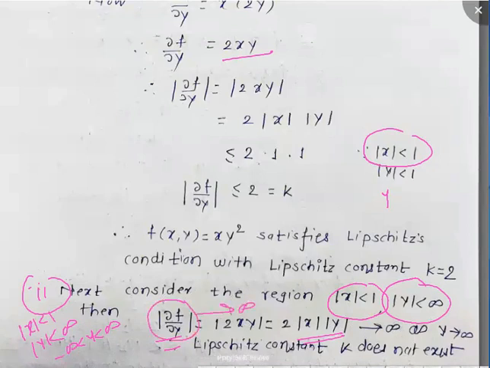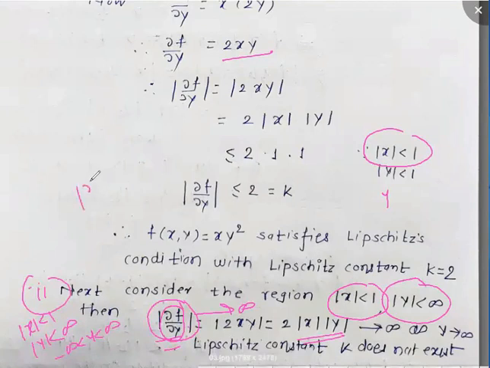So that means the constant k does not exist, because this expression for the derivative represents the expression of the Lipschitz condition. So when the constant k does not exist, such that mod of this derivative is less than or equal to k, the Lipschitz constant does not exist, because the value of this derivative tends to infinity.